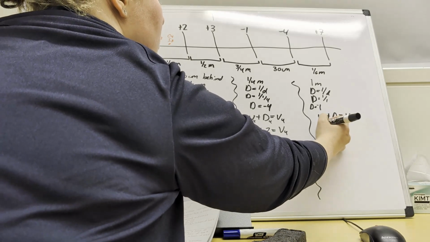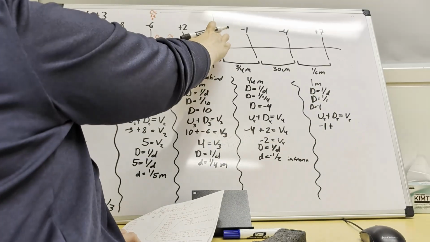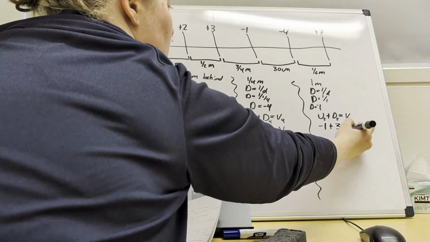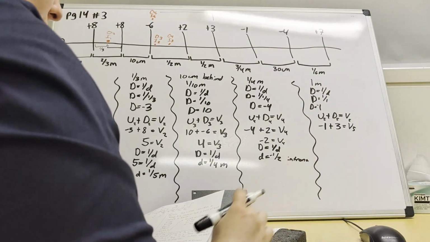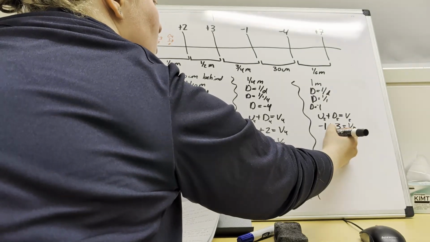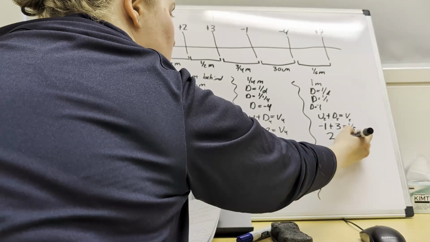We just figured out that U5 is -1 plus lens 5, which is +3, equals V5. This is going to be equal to +2 equals V5.